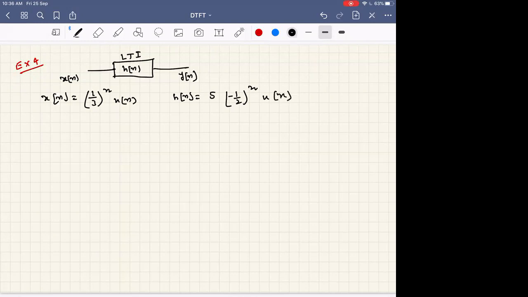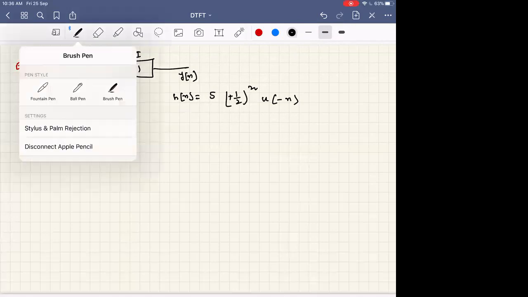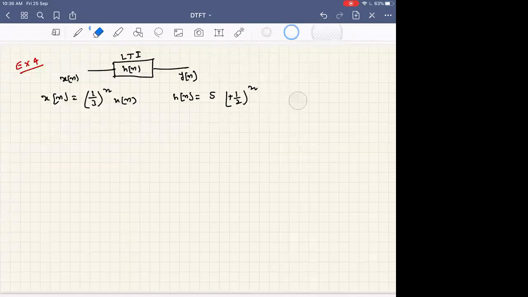In fact, if you want to make it slightly difficult, you can consider minus n here. Plus or minus doesn't matter, right? Okay, let us consider u of n only, because if we consider minus, you have to consider 2 power n or something. Okay, let us consider like this.